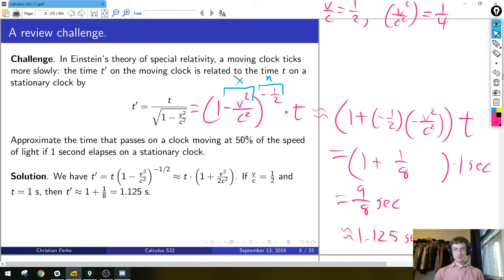So it's interesting that even for an object moving at this appreciable fraction of the speed of light, like 50%, the time dilation, as it's called, the amount by which time ticks more slowly on the moving clock, is still pretty small. For every second that passes in the stationary frame, only 1.125 seconds pass in the moving frame.